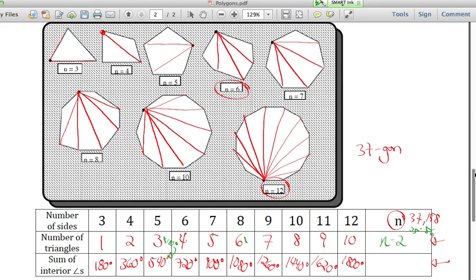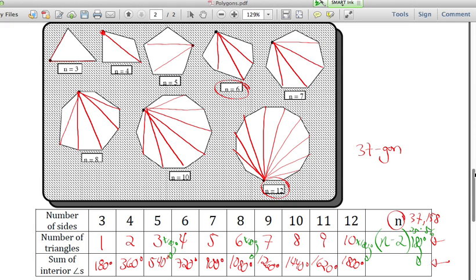If I do 6, the number of triangles, times 180 degrees, I'm going to get 1080. If I go all the way to 10, this was the one I was doing in my head real easy, 10 times 180, I'll end up with 1800. So really what I have to do if I want to get total degrees, I have to take this number, multiply by 180 degrees, and I'll get what's there.